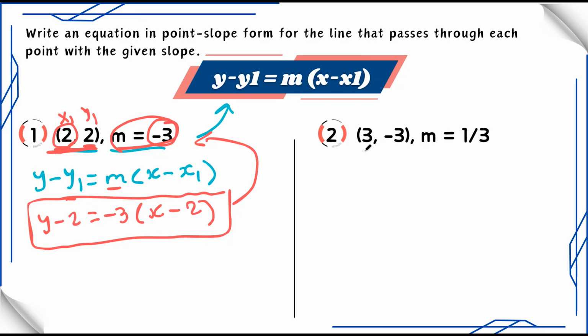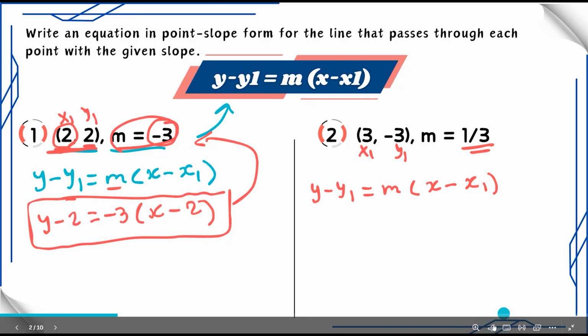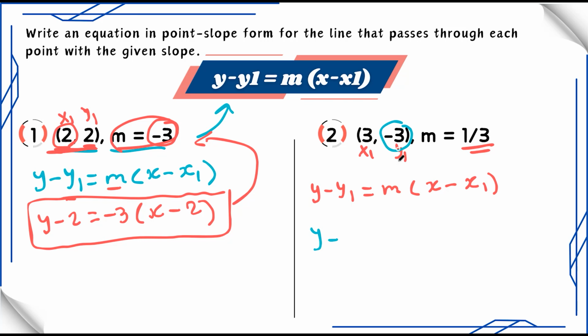What about the second question? You also have a point here and a slope. We need to write the equation y minus y1 equals m multiply x minus x1. The second step, like we said, we substitute with the point and slope. Then we write y minus y1 is negative 3 equals slope.